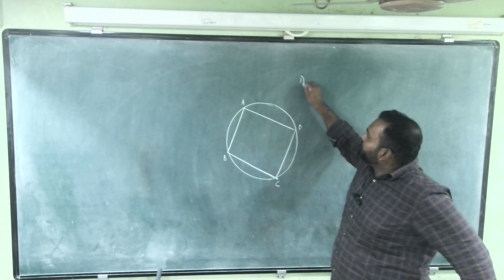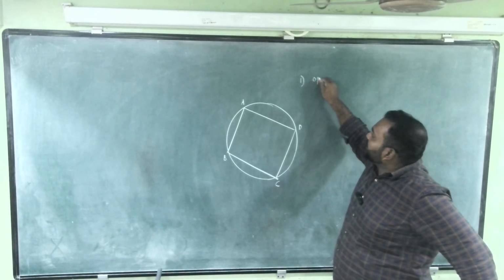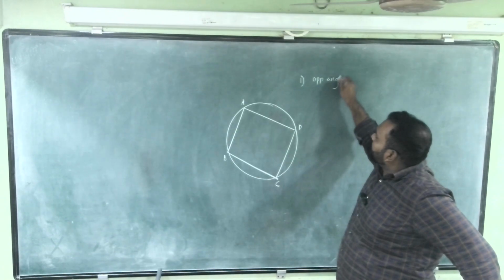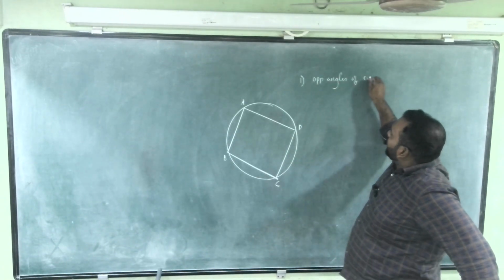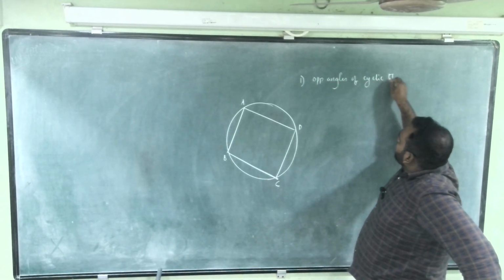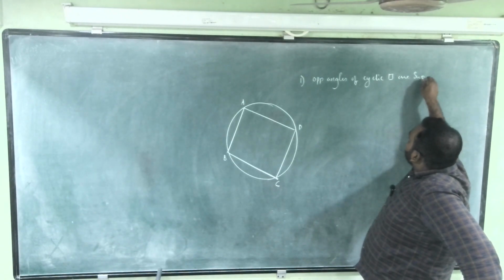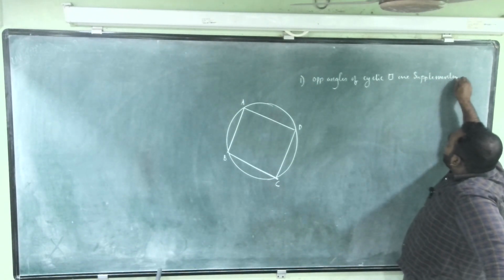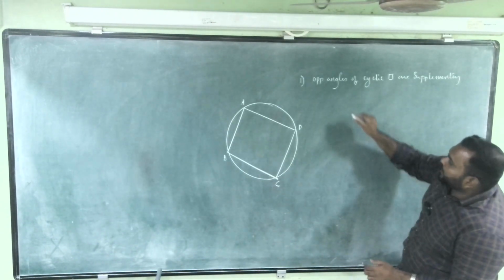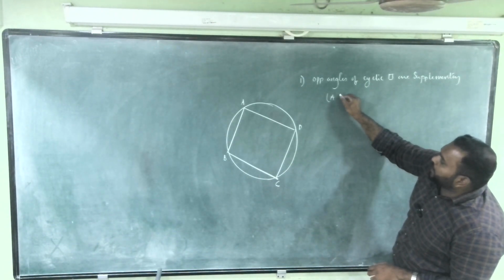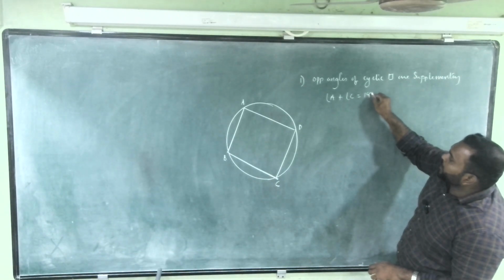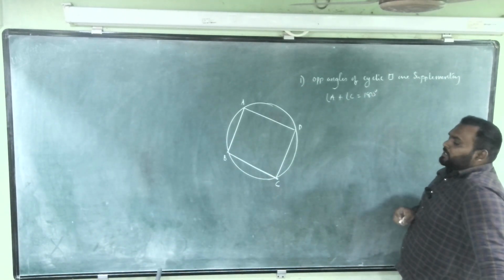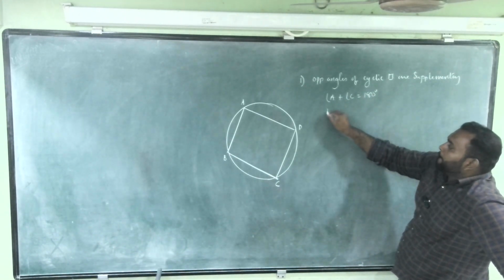First one, always remember that the opposite angles of a cyclic quadrilateral are supplementary. Now tell me which angle is opposite to angle A? The opposite angle of angle A is angle C, so angle A plus angle C will be equal to 180. Which is the angle opposite to angle B?